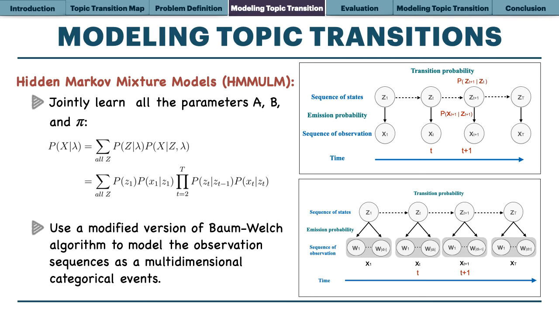So to use the hidden Markov model to model the content of MOOCs, we need to update the model so that each observation is a lecture, as you can see from the bottom figure, where lectures are represented as a bag of words, and each lecture is generated by a topic. To estimate the parameters A, B, and pi, we use a modified version of the Baum-Welch algorithm.